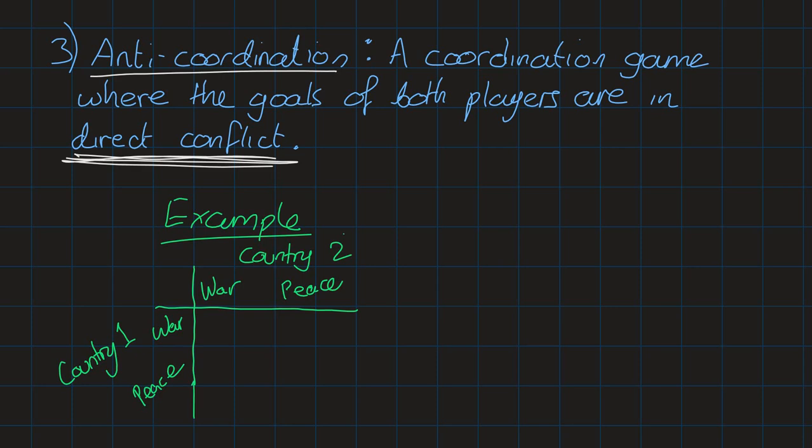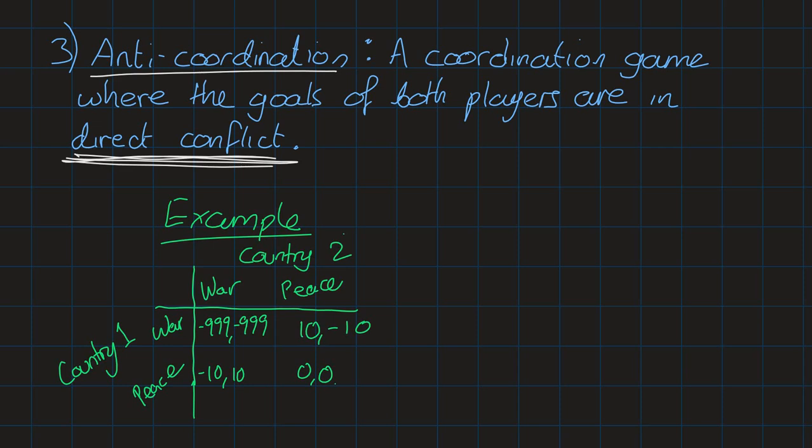Okay, and remember, war was a very bad outcome. War Peace saw the warring side gain resources and the peaceful side lose them, symmetrically for Peace War. And Peace Peace saw nothing change at all.